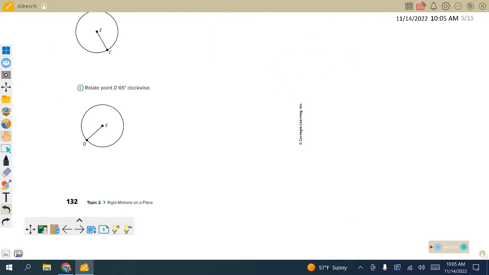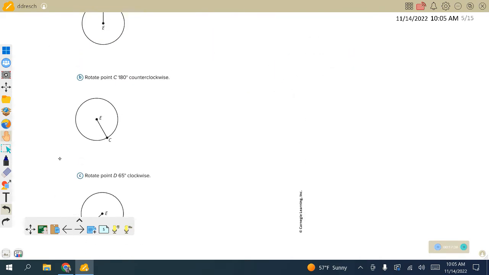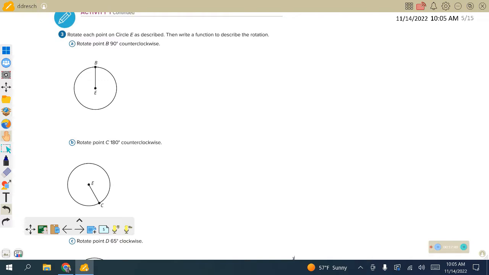Next page. And let's go ahead then, and I want you to do that rotation, and then I would like you to write the rotation rule that we just talked about. So on that first one there, letter A, rotate point B 90 degrees counterclockwise. So where is B prime going to be located?